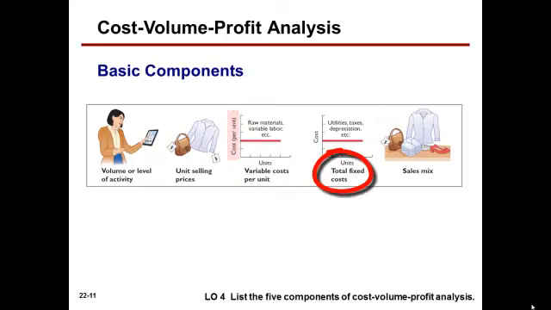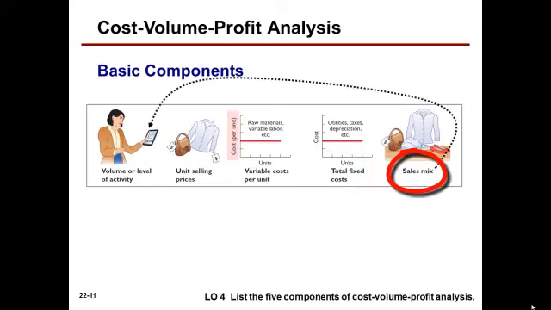Number 4, total fixed cost at a given relevant range of volume. And finally, if a company has several product lines, what their sales mix is. Sales mix is a proportion of total sales among various types of products or services being sold by a company.